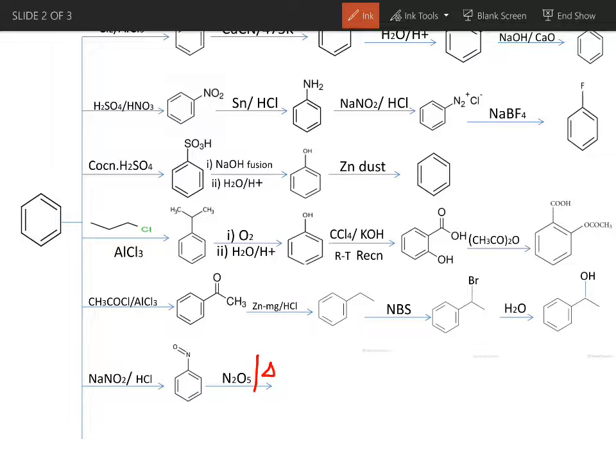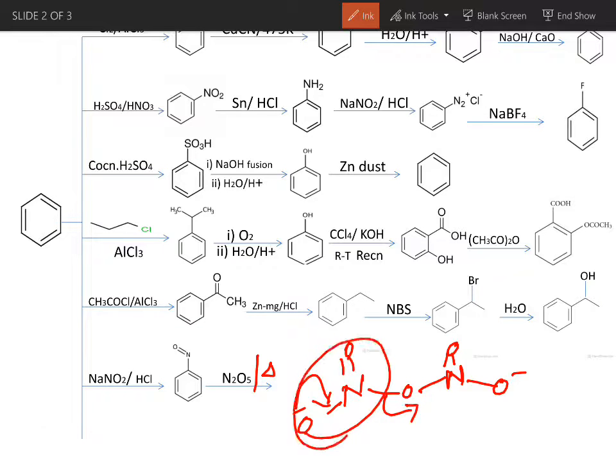When nitrosobenzene is heated with nitrogen pentoxide, let me elaborate, nitrogen pentoxide has N double bond O, O, N double bond O, O minus, O minus. Here it will form N double bond O. This forms an electrophile, that is NO2 with positive charge. Now this electrophile will easily attack this aromatic compound.